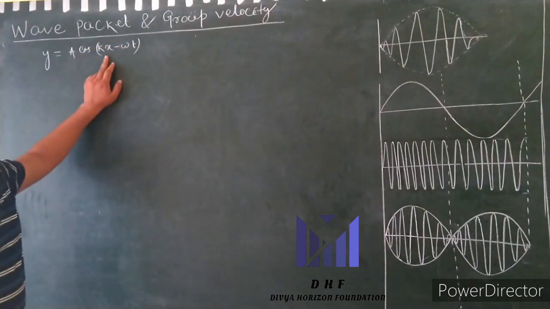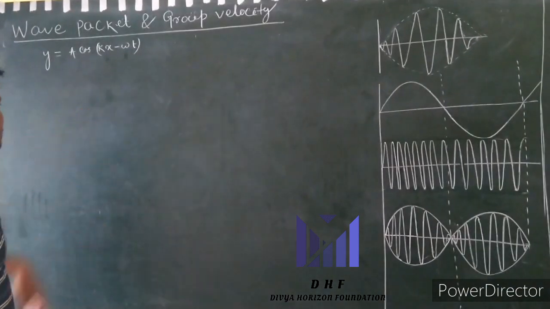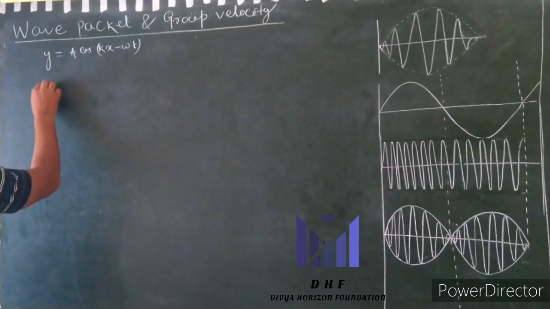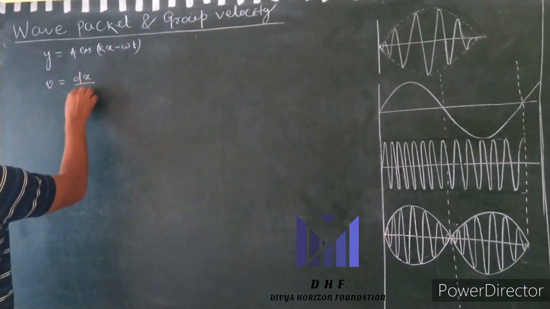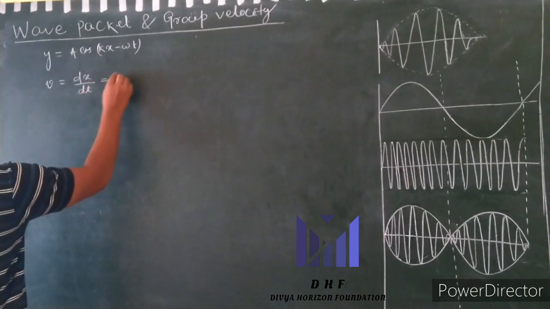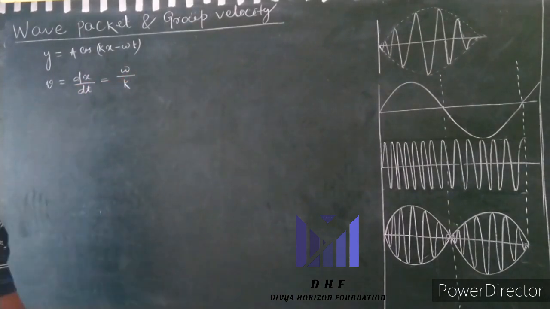Here k is the propagation constant and omega is the angular frequency. The phase velocity was given by dx by dt, that is equal to omega by k.